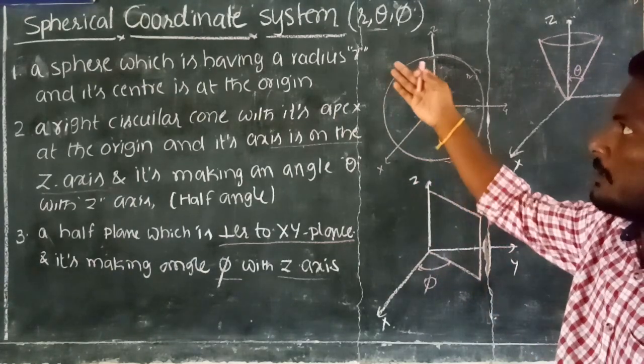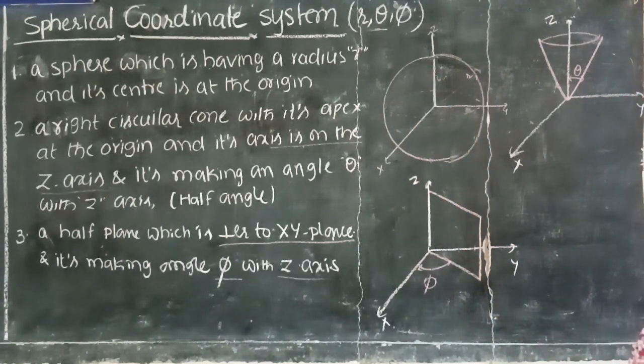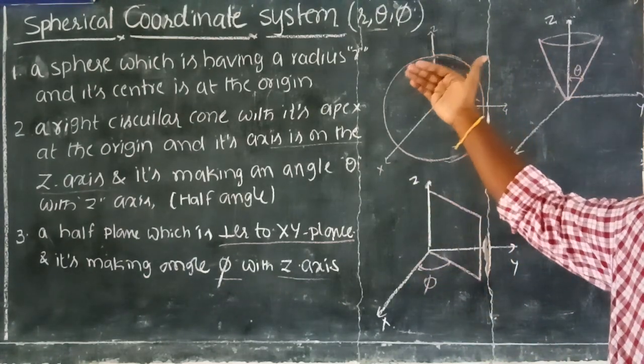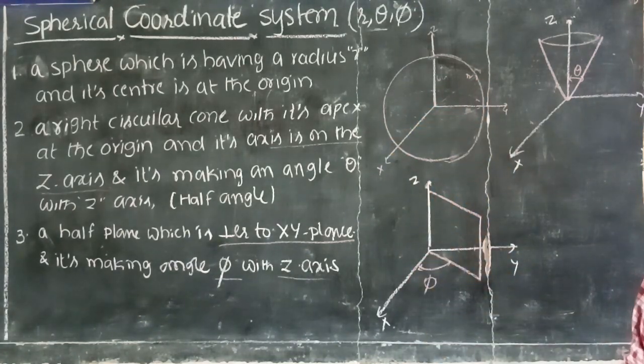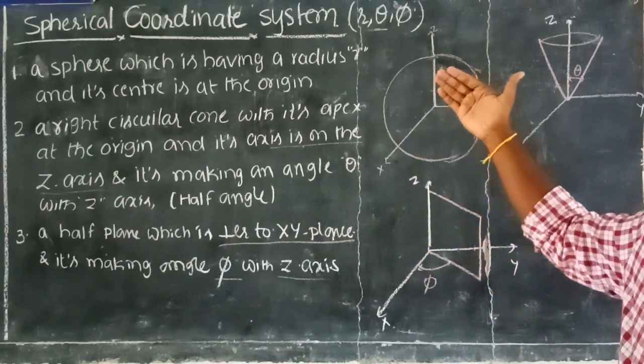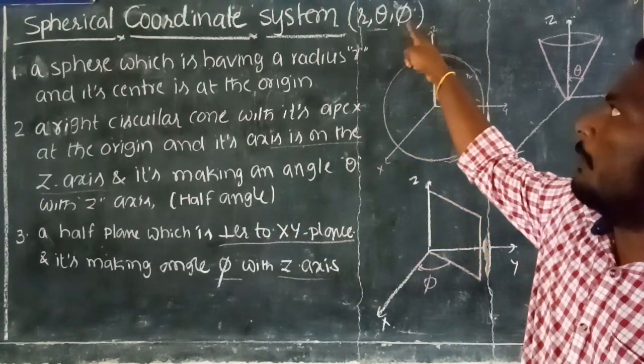Okay. So how many surfaces are there to define our spherical coordinate system? There are three surfaces, that is a constant r, a constant theta, and a constant phi. So that's why the coordinates which are used to define the spherical coordinate system are r comma theta comma phi.